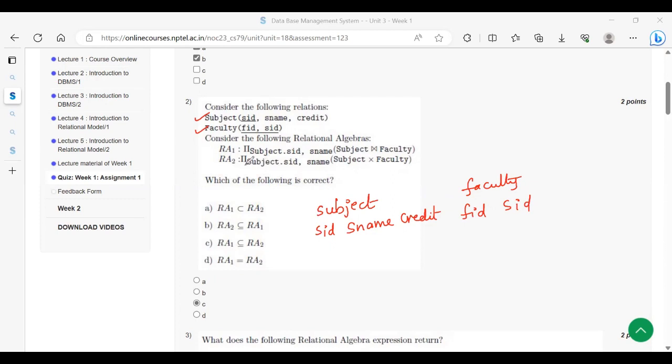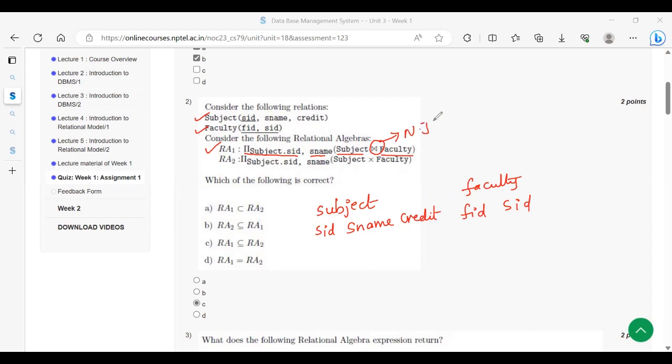They are going to ask RA1, which is pi subject.SID, SName, joining subject and faculty. This is called a natural join.